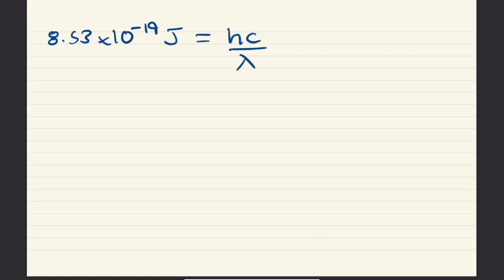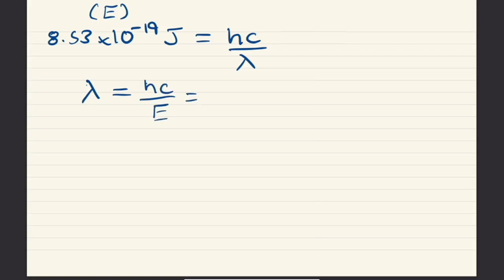Again, where do we get this? This is E. We know this equation because this equation is also equal to h nu. But since we have been asked about wavelength, we are not concerned with frequency. So to solve for wavelength, we would multiply both sides by lambda and divide both sides by the energy, and we end up with hc over E.